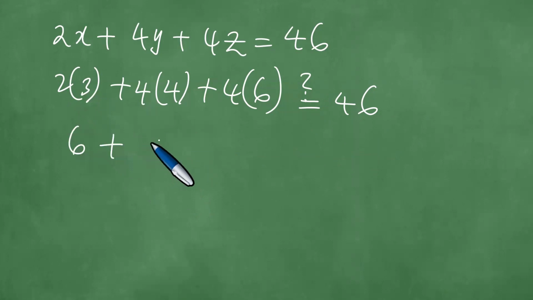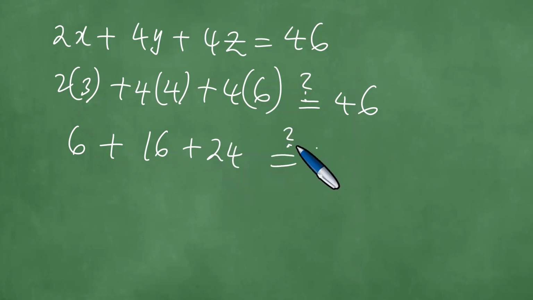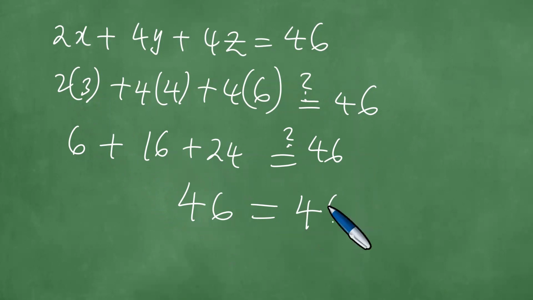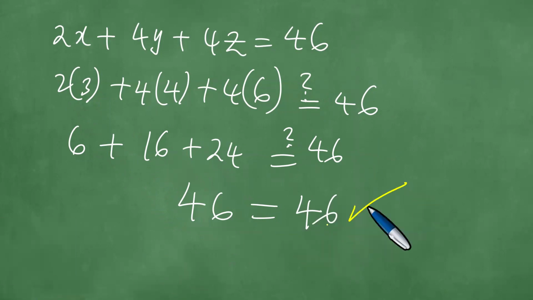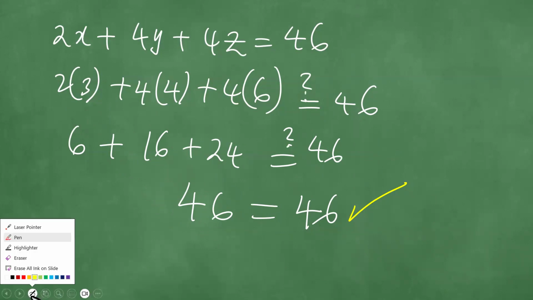We multiply 4 by 4, getting 16, and 4 by 6, getting 24. Is this indeed equal to 46? This is exactly 30 and 40, and we're getting 46. Indeed, 46 equals 46. And we then say, Eureka, we have got it. We have done it.